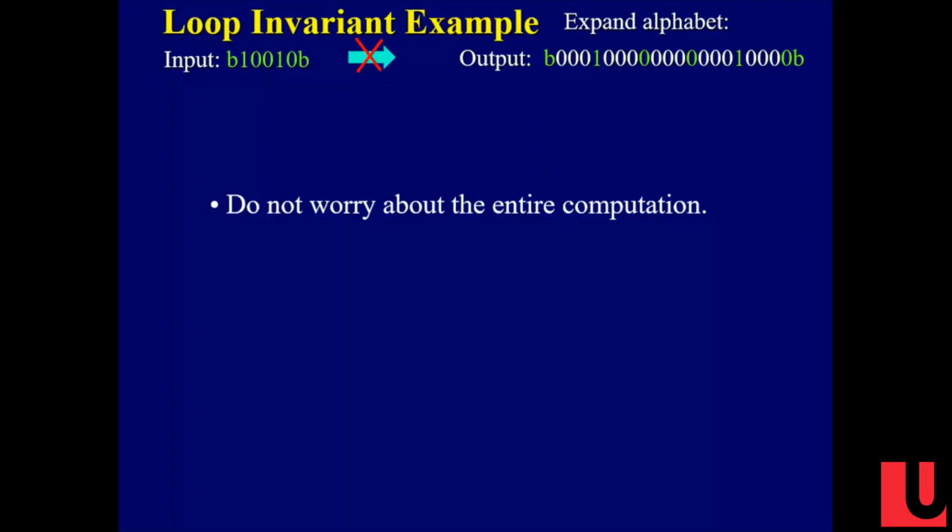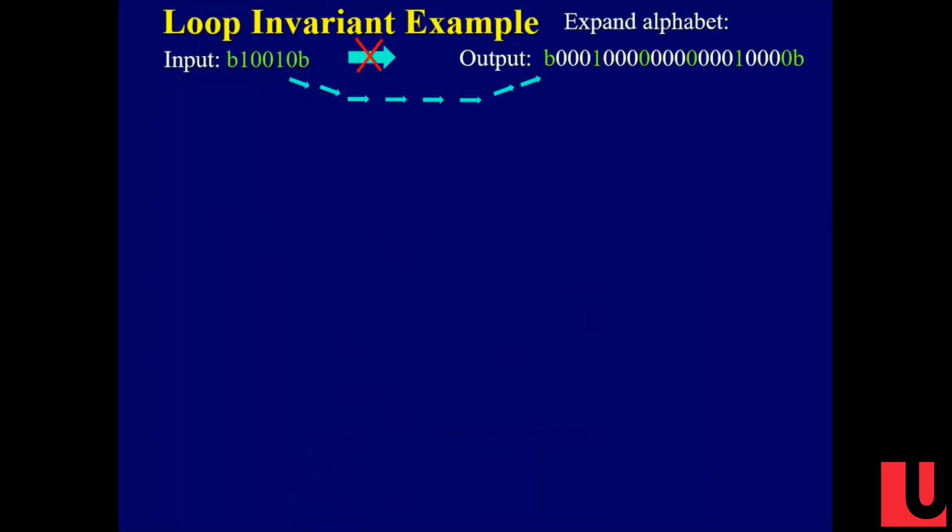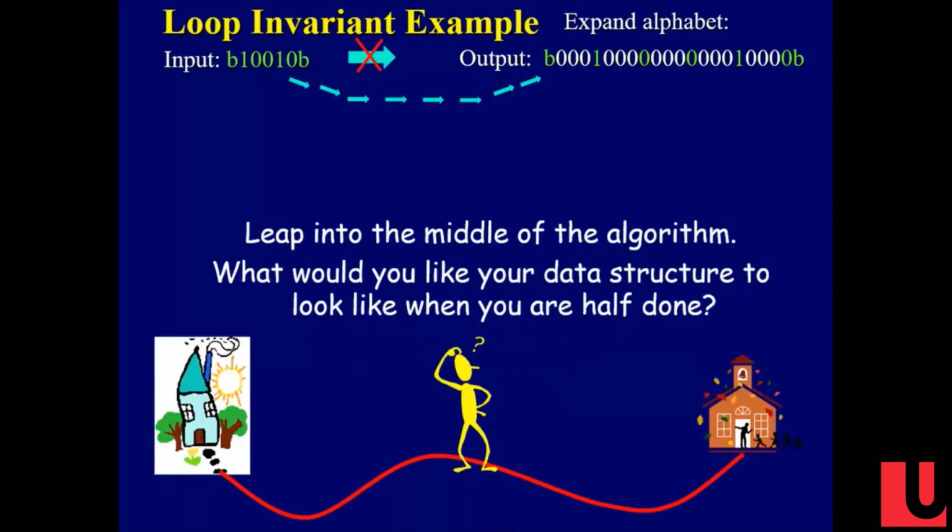So we need a loop invariant. We need to jump into the middle of the computation and say what's going to be true in the middle, right? Some picture of what's true. And the picture that's true at the beginning of the computation is going to look like the precondition. And at the end of the computation, it's going to look like the postcondition. And it's going to gracefully move between the two.